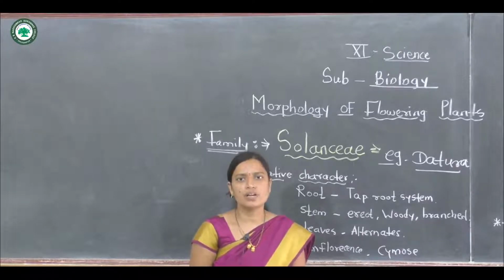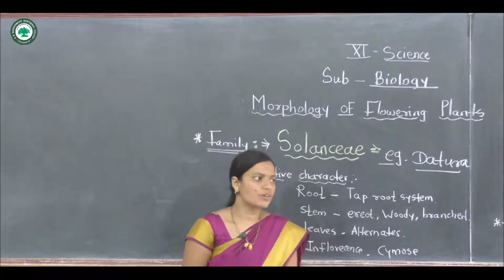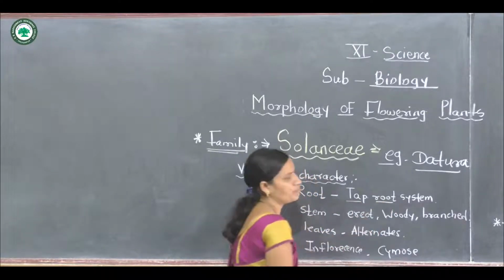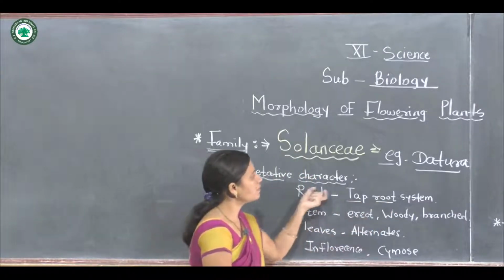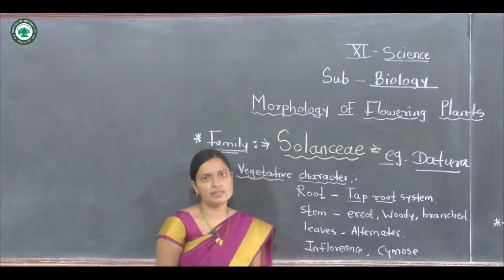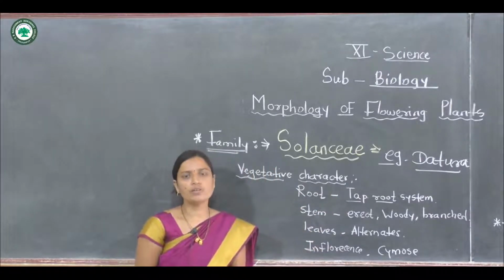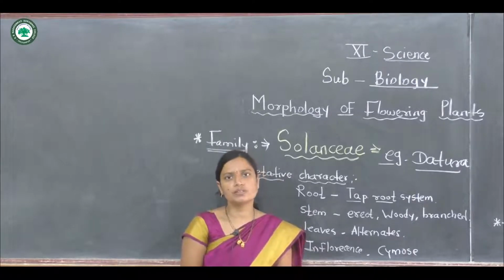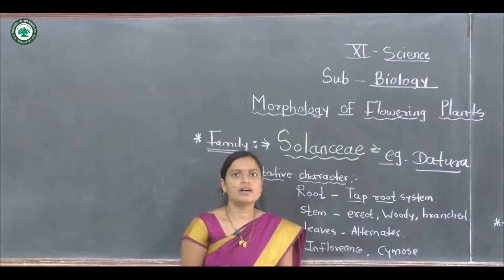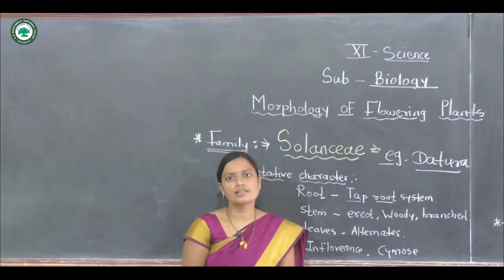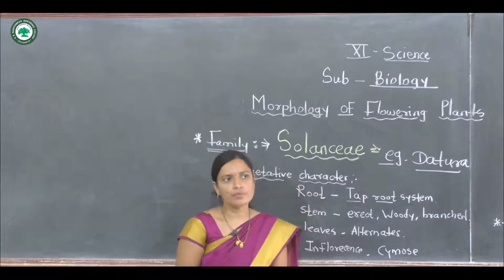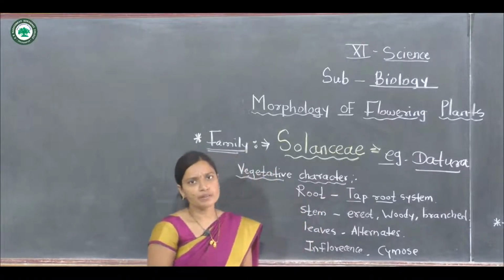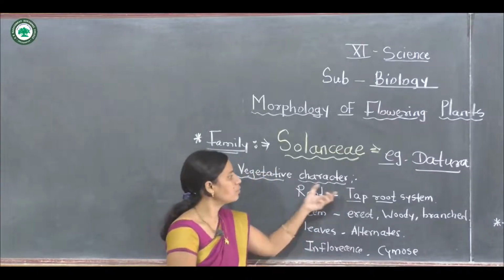Some plants present tap roots, and the taproot system is present in the Solanaceae family. In a taproot, only one root goes deep into the soil, and there are some hair-like outgrowths. The taproot is one of the important characteristics of this family.